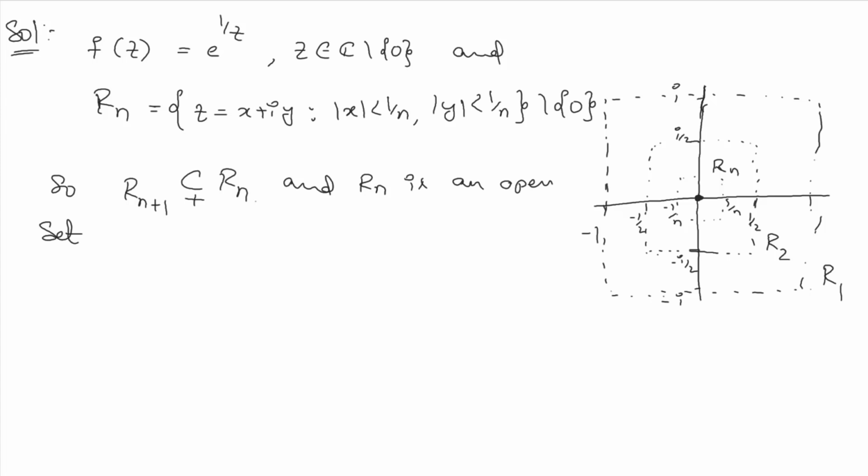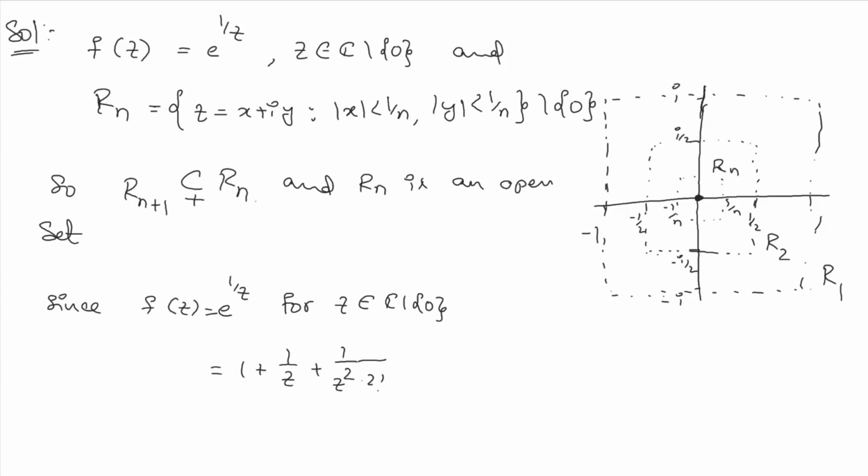So now coming to the function f of z. Since f of z is given as e to the power of 1 divided by z for z in C minus singleton set 0, which can be written as 1 plus 1 divided by z plus 1 divided by z square into 2 factorial plus 1 divided by z cube into 3 factorial, and so on.